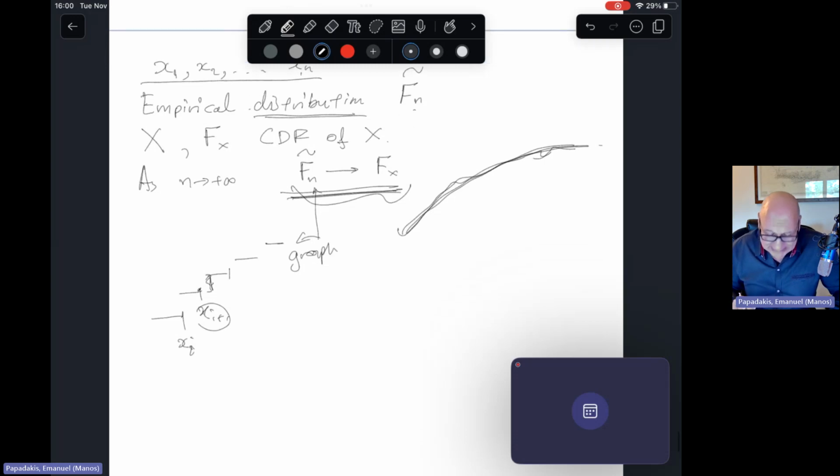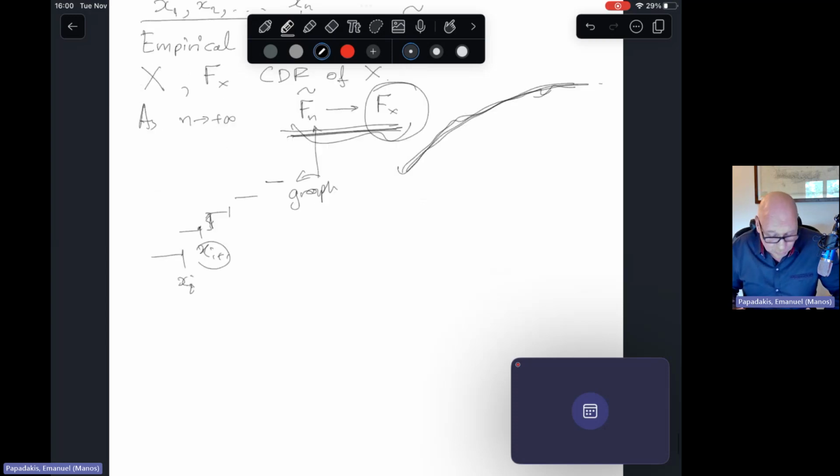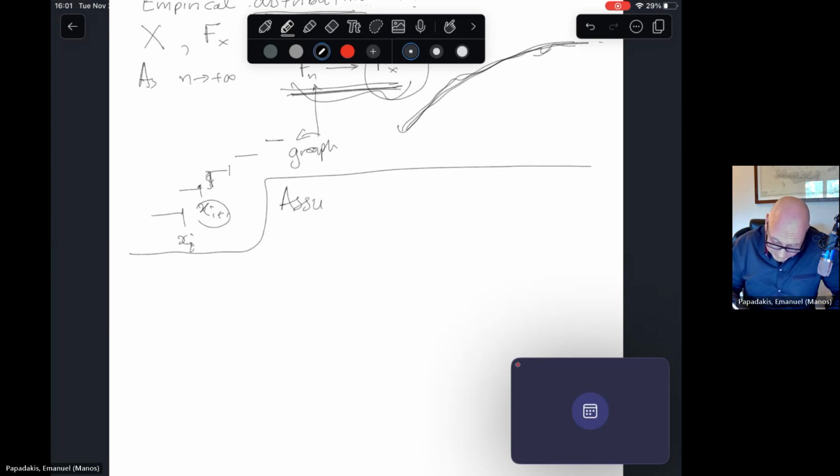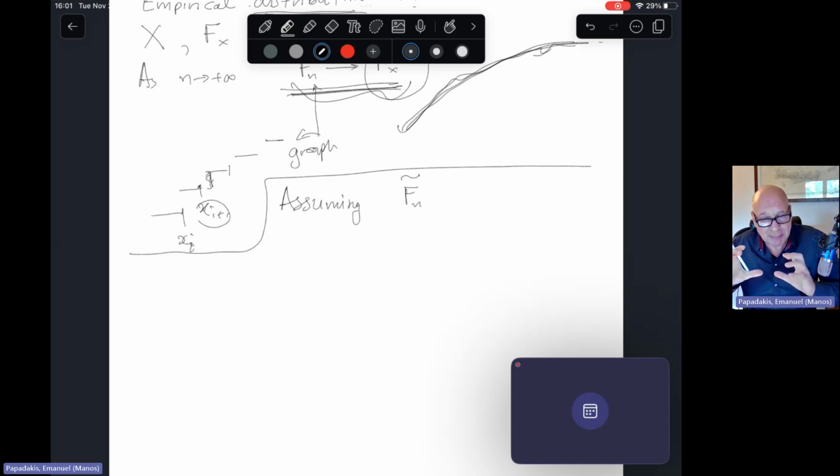So bootstrapping says, I have no way to know f sub x. I don't know what the probability model of x is, but I have to work with the data. So assuming that the empirical distribution, the probability information about x that I have from the data, is good enough.